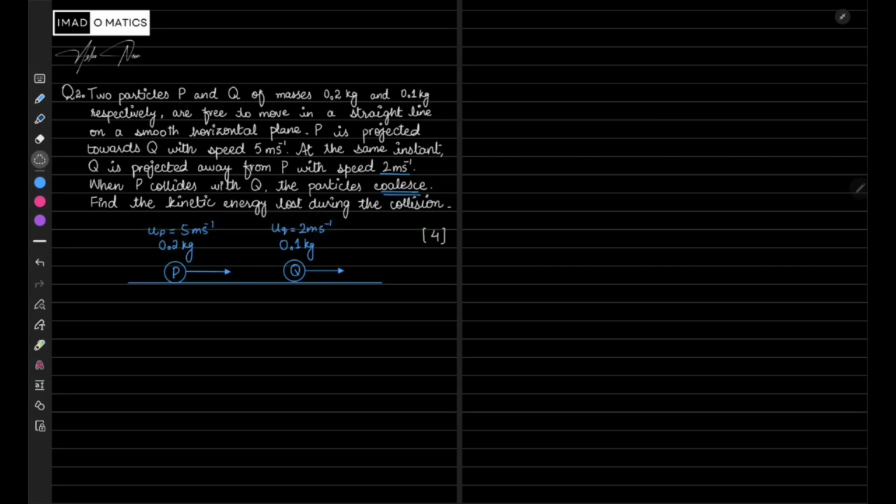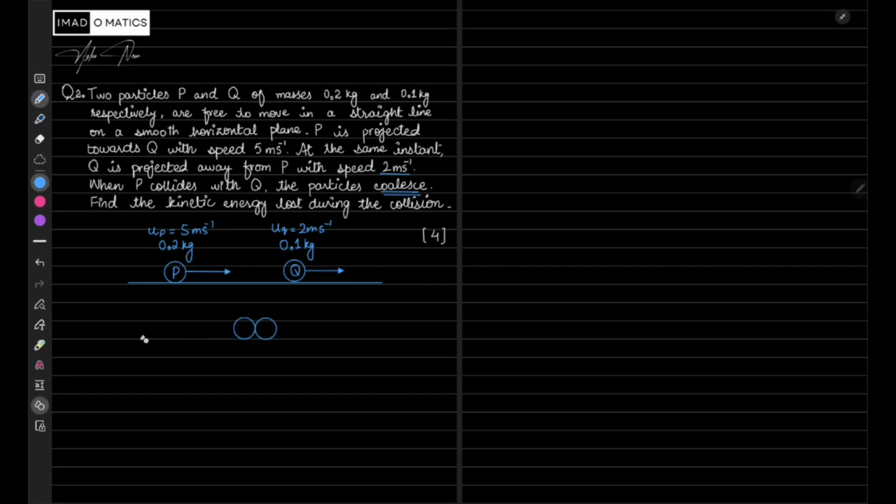And now they coalesce. So this is your particle P and this is your particle Q, and they are joined to make one whole particle now.